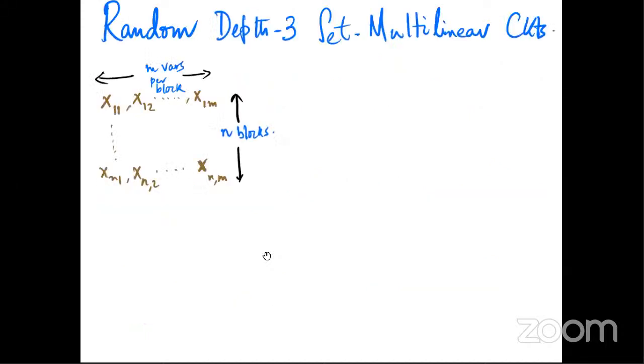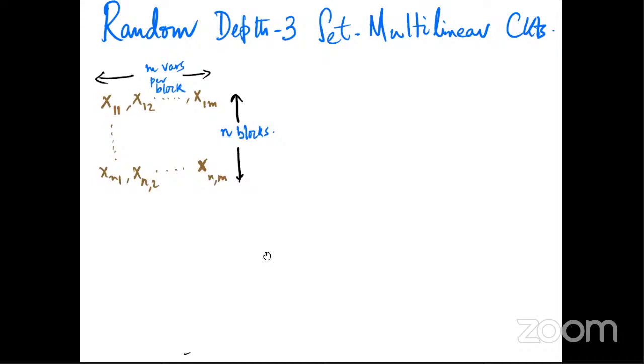So let's look at a random depth 3 set multilinear circuit. This is some fancy name, but you will see what I mean by that. This is the simplest kind of circuit, because we want to look at simple circuits. So what do I mean by set multilinear circuits? This is very similar to what Prerna was talking about.